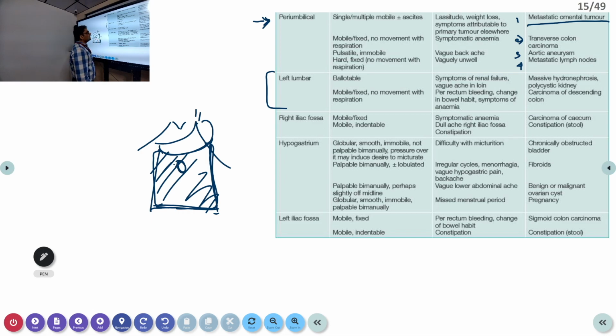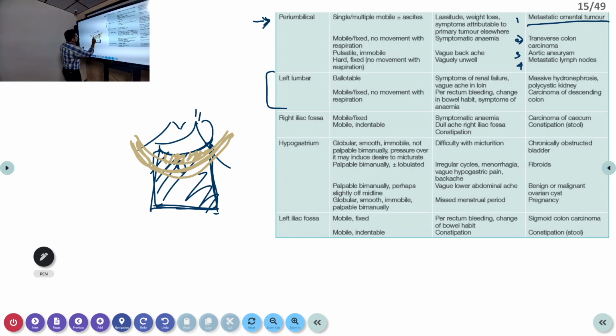Then the transverse colon is very mobile. The transverse colon has a large mesentery, and it is attached to the stomach here. So it will be freely mobile.